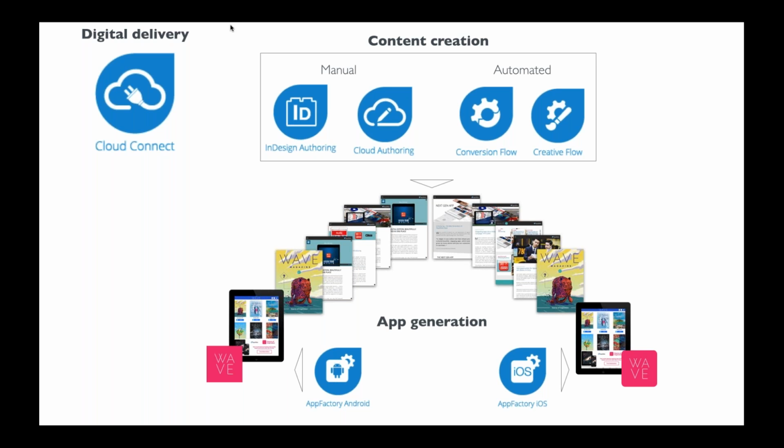And finally, the web output is just a web package, so you don't need an app for that. So the answer is a combination of a plugin and App Factory to create the app.